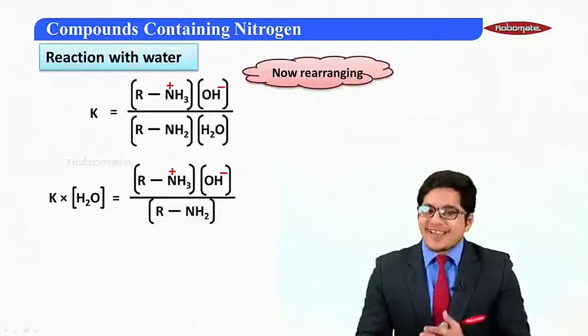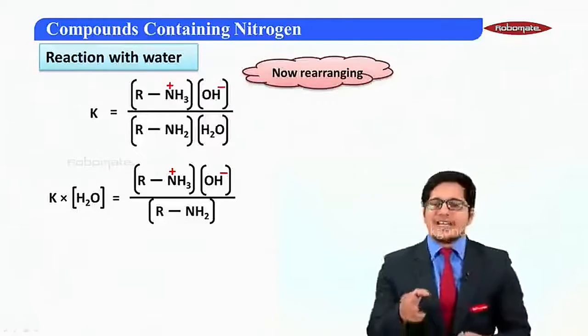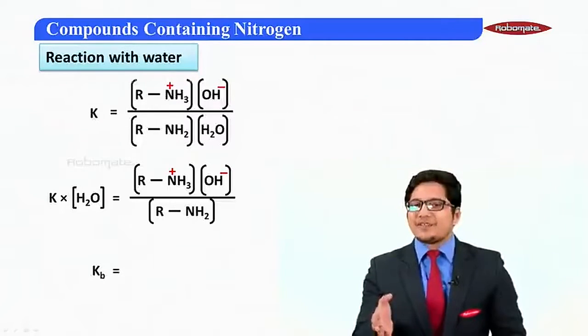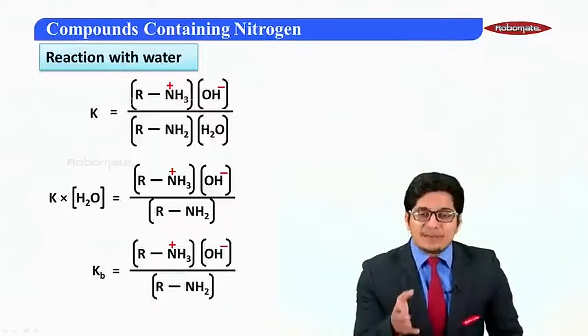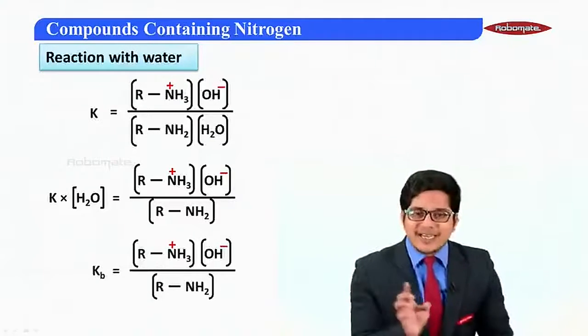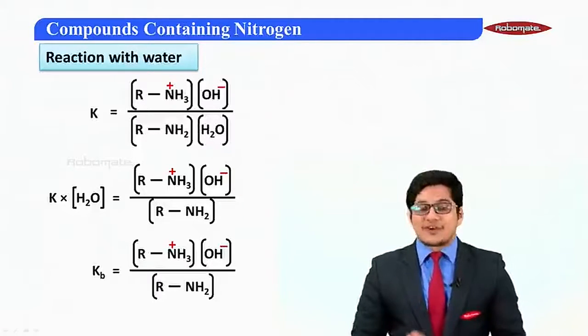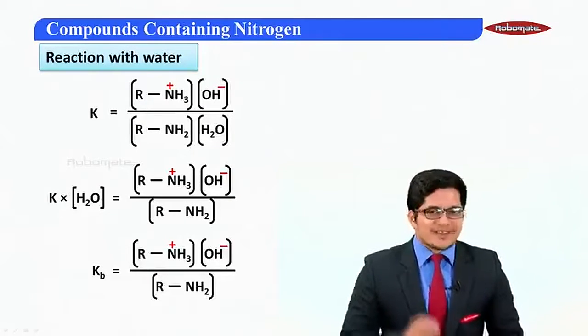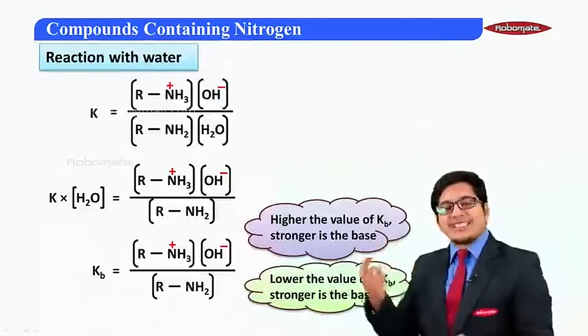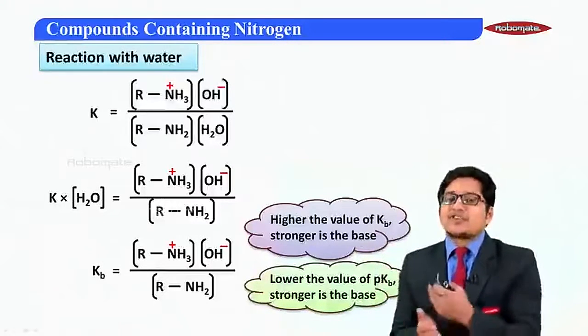But K into the active concentration of water is Kb. Therefore, Kb equals RNH3 positive into OH minus divided by RNH2.